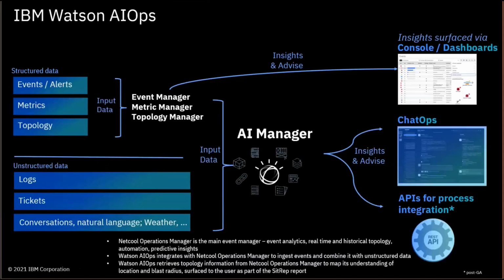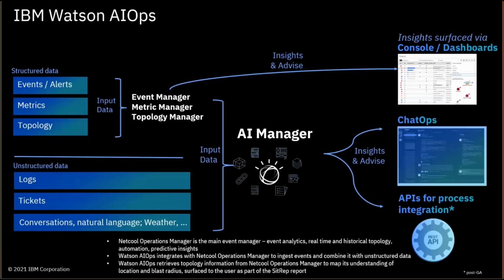We have the event manager, the metric manager, topology manager, but we can also do direct feeds from logs and tickets and also natural language. So for example, if you're searching for a specific problem string that is coming from an event, that is something that the Watson AIOps chatbot understands, and you can search using this natural language directly with the AI Manager.